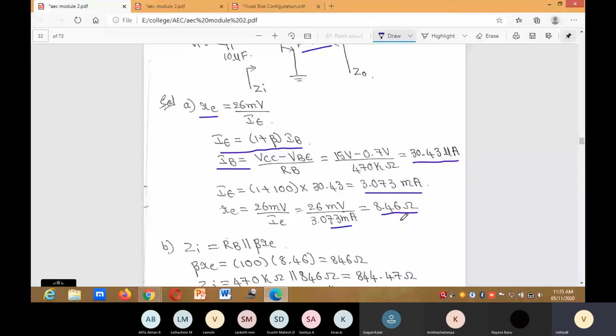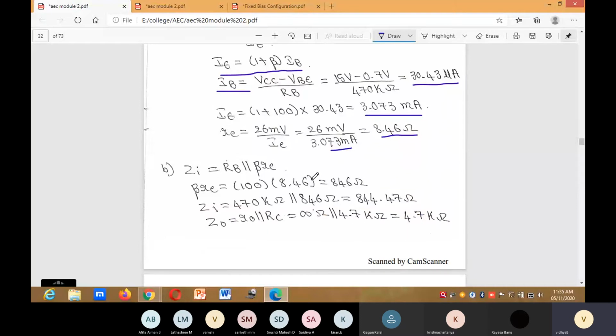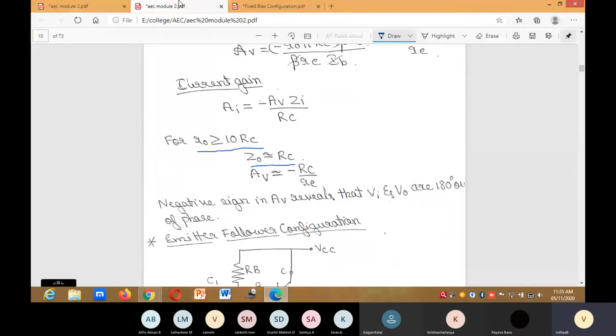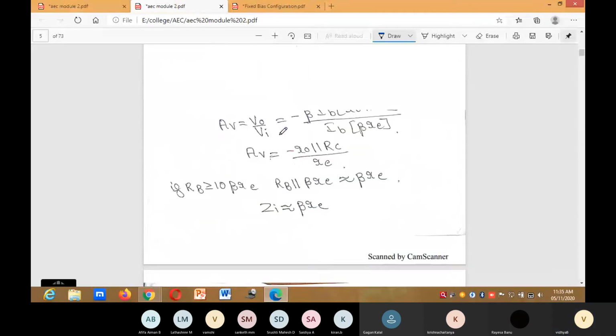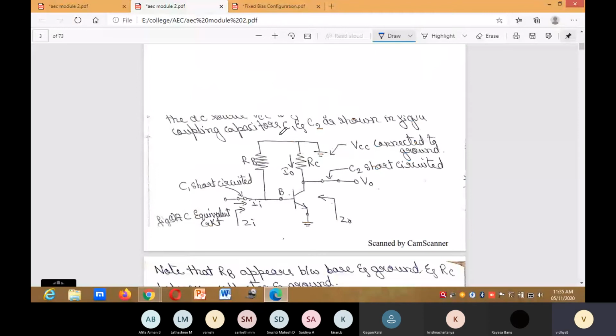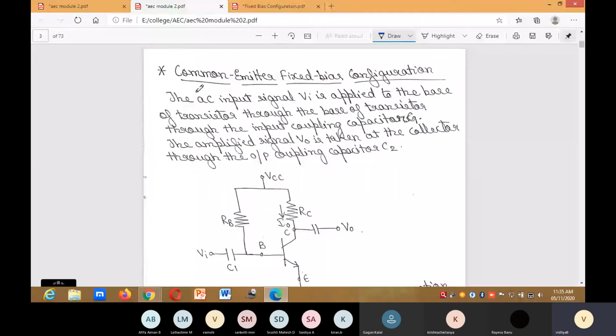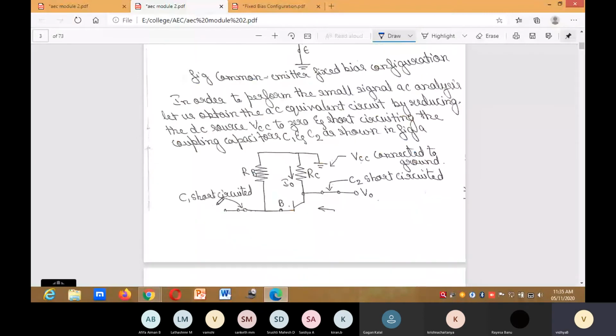Next we should go for the RE model formulas, that is the input impedance formula. You can observe the common emitter fixed bias configuration, these are the second module formulas.